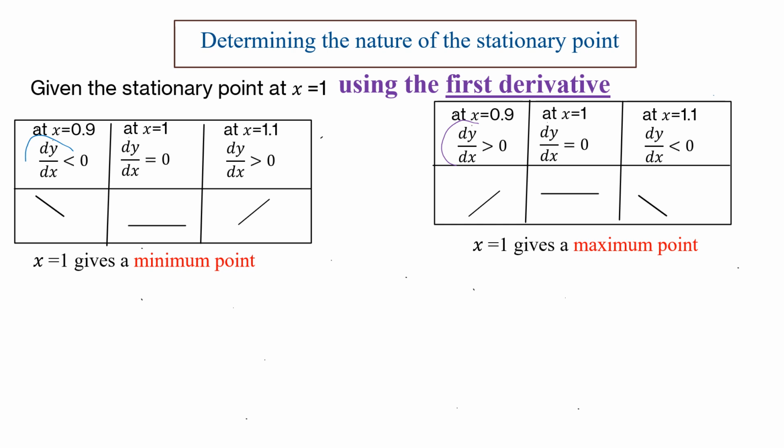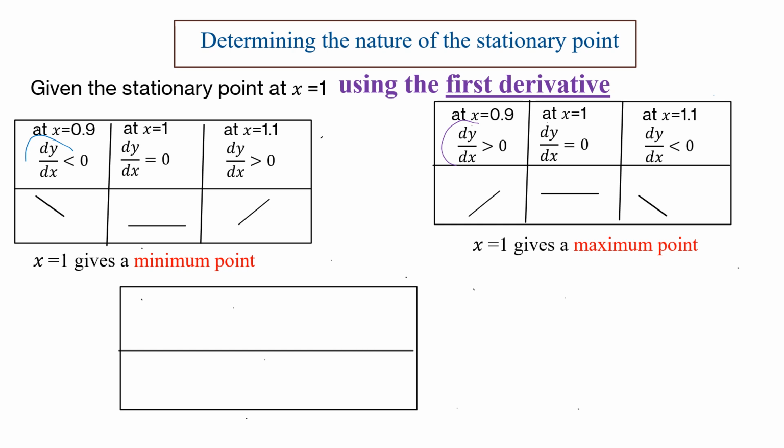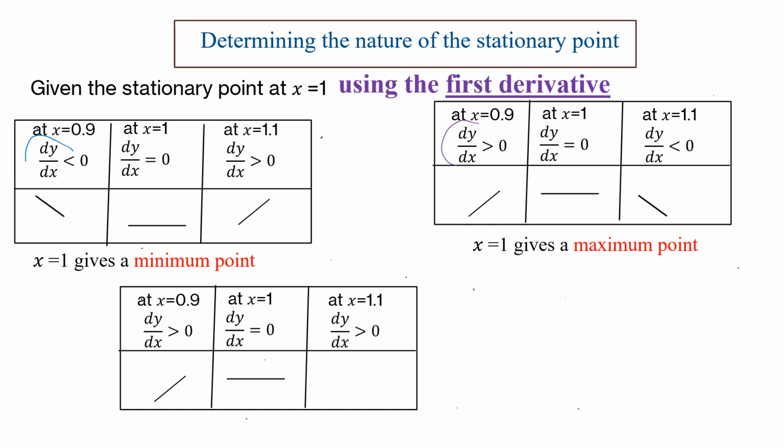It can also be points of inflection, like what I mentioned earlier on. So how do you get points of inflection? That is when the point on the left gives you a positive gradient, and the point on the right also gives you a positive gradient. And if you join all these three together, you get a point of inflection. You basically get something like this.